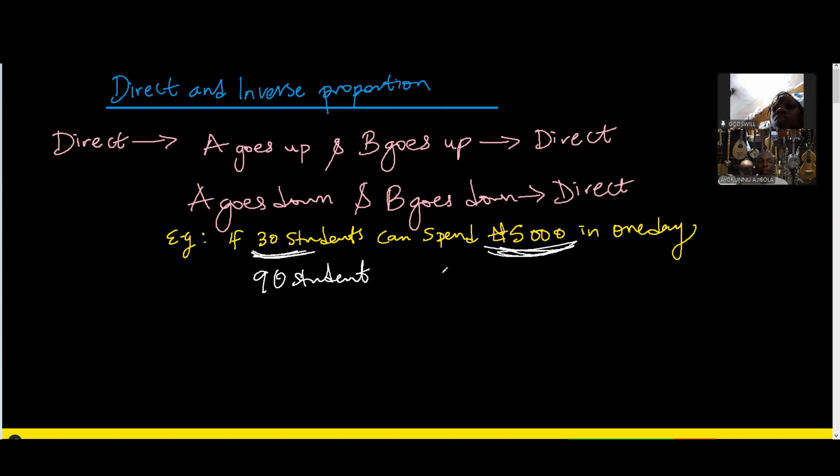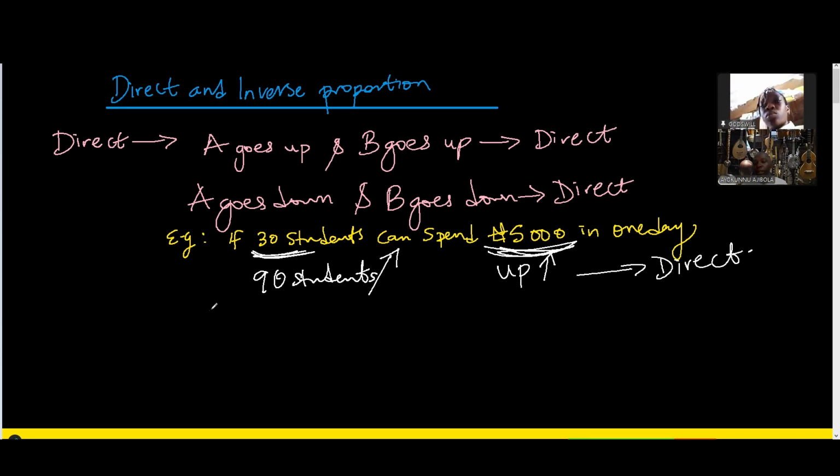Will it go up or down if they spend at the same rate? Up, yes or no? So if the students go up, the money goes up. That is direct, okay?